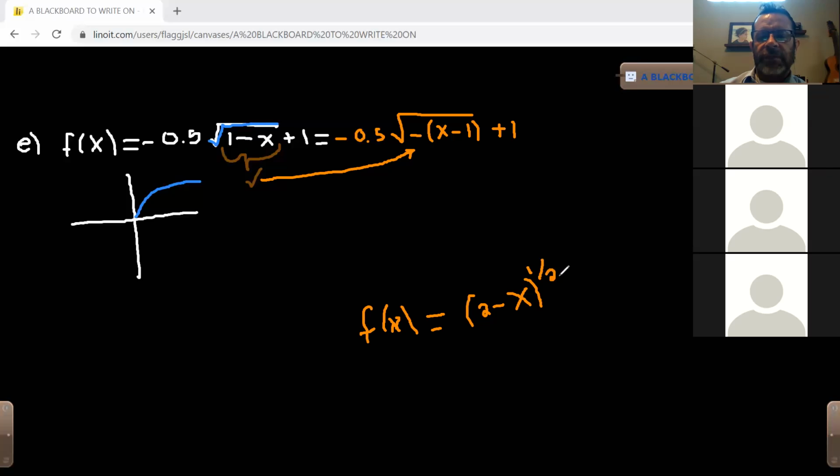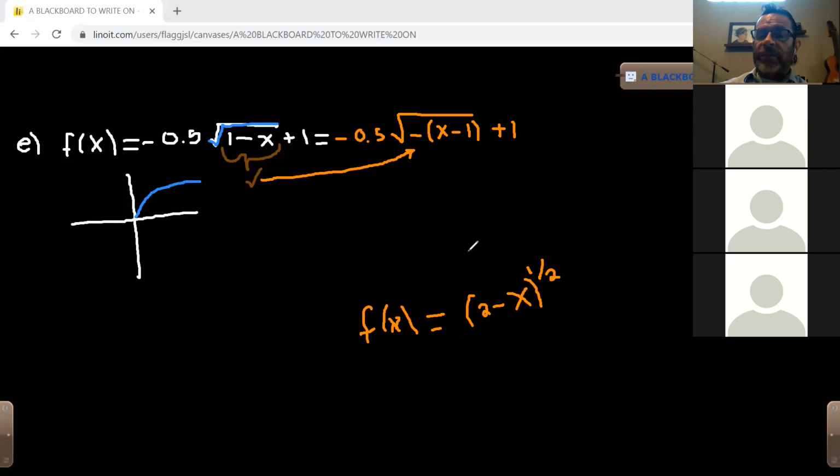And I tell you to graph that. There's a couple of things you need to notice. One is that the 1/2 represents the root. And the other is that there's a minus in the x.